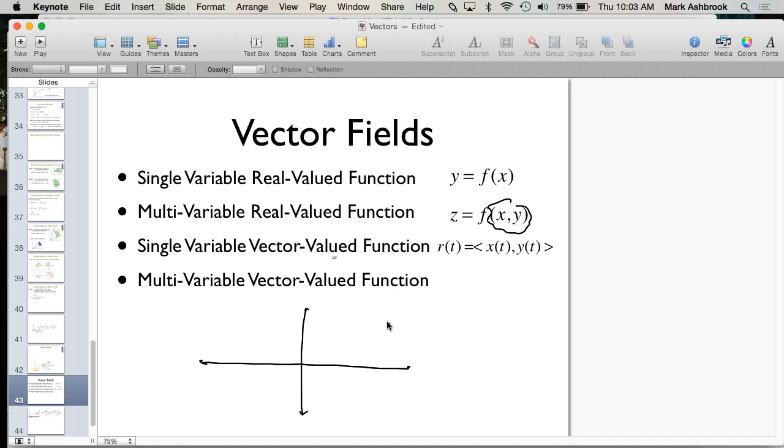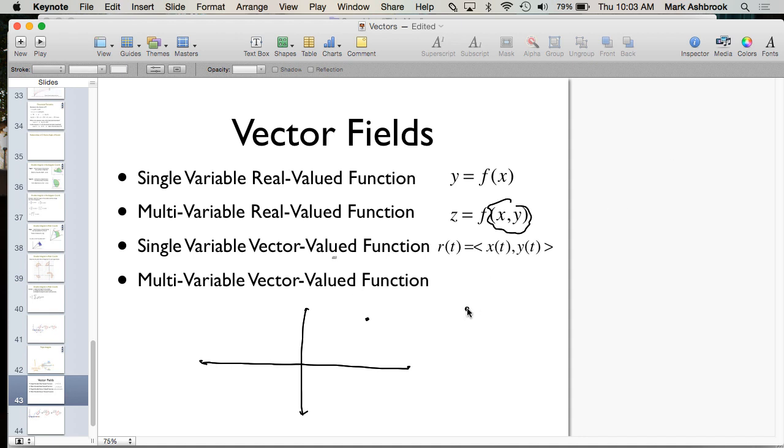A point in the xy plane, right? So it's a location. Independent is a location. Given a combination of x and y together, what are we going to get from this kind of function?